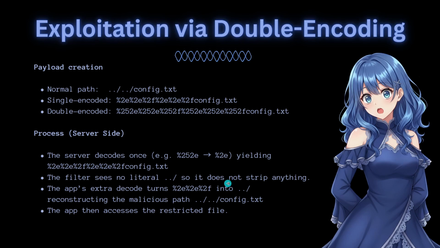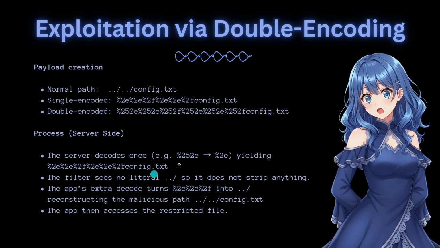Now this is not the issue, but the issue is that the app's extra decode turns this into this format. Now it should stop here, right? But suppose there is an extra unnecessary logic set up on the server, that it has to decode twice.